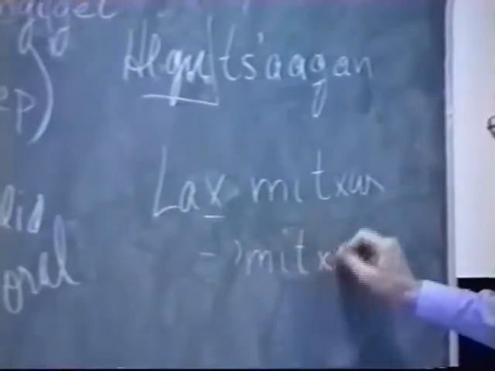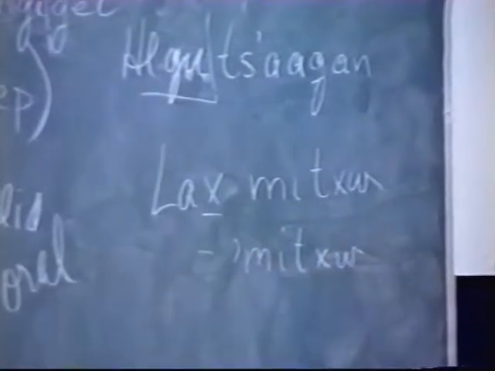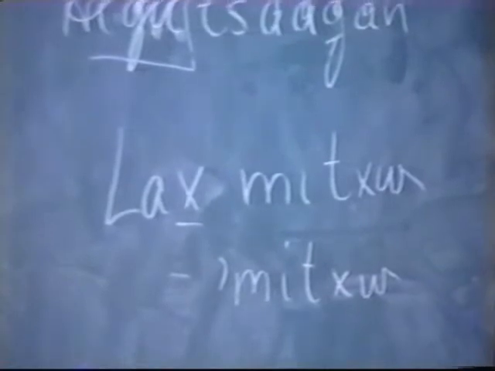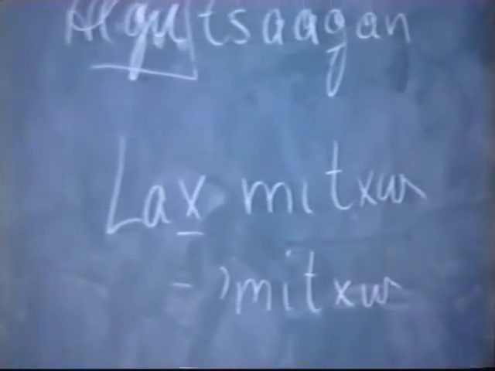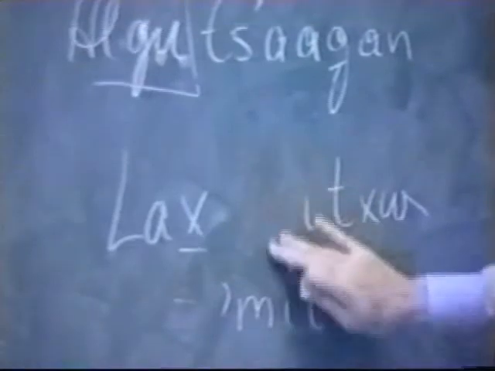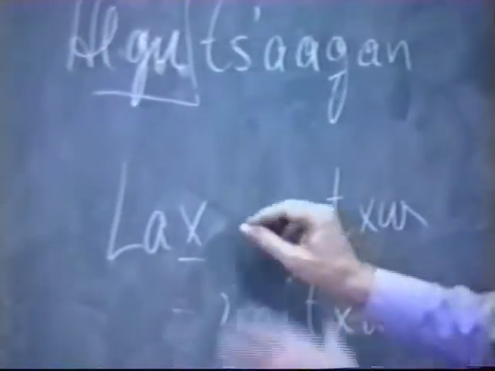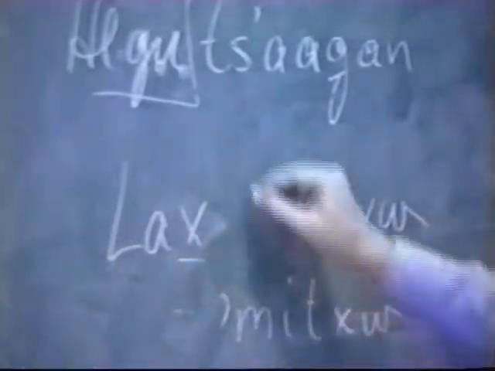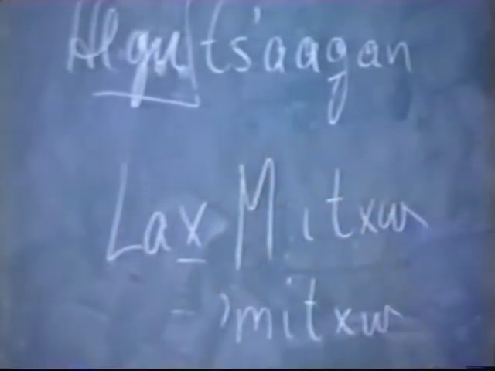But if you make that hard, you get a completely different word. Mit. To scatter like dust or so forth. So your name, and if it's a name, you could either write it all together as one word, L-A-B-A-C-X-M-I-T-X-W, or you might want to write it as 2 words, or put a capital M there, but it's soft M, Lachmid.